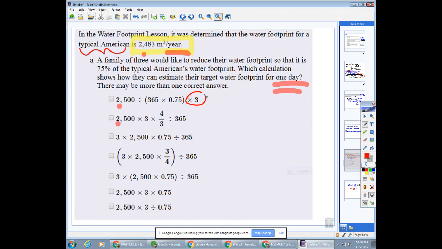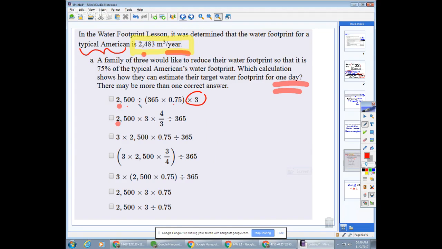Okay, so is this first one a candidate? I'm thinking it's not. Why not? Where's the 75%? It's inside the parentheses, and what are we doing with the parentheses? We're dividing, so technically that says divide by 365 and divide by 0.75.